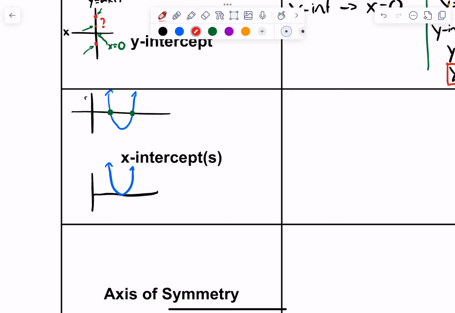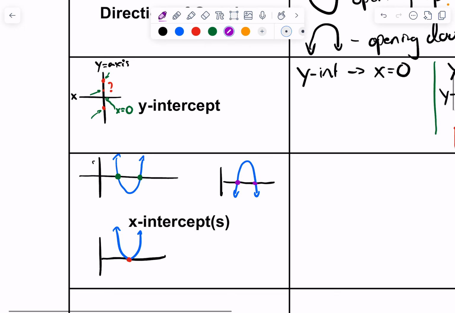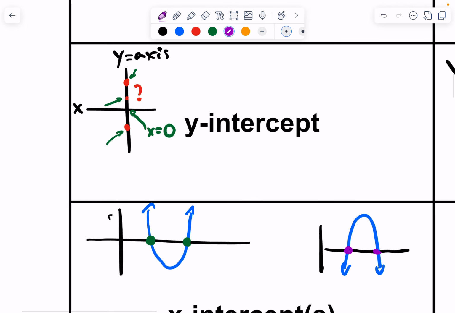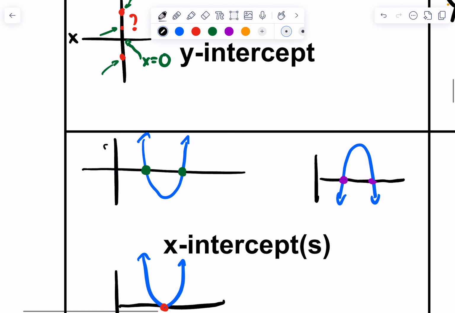I'm drawing only upward-opening parabolas right now, but you can have the same thing going the other direction too. It can go like this and go down instead, but you'll still have the intercepts right here and here. So just as you thought about the y-intercept, just like we've been doing with factoring the entire time, these x-intercepts occur when y is 0.